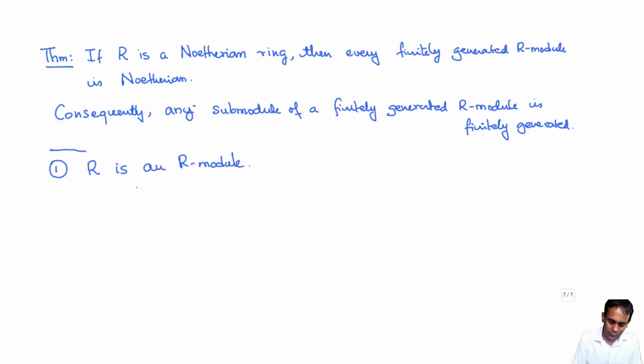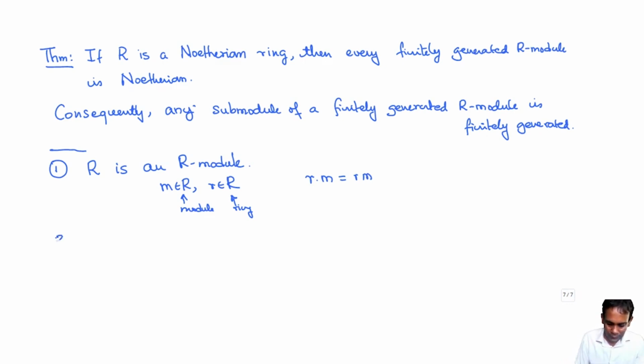Well, given m in the module R and r in the ring R, you just define r·m to be rm, the product in R itself, and you can check that R is an R module. This is sometimes called the regular R module.